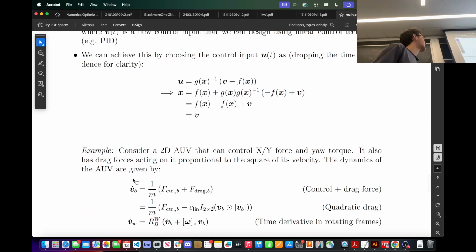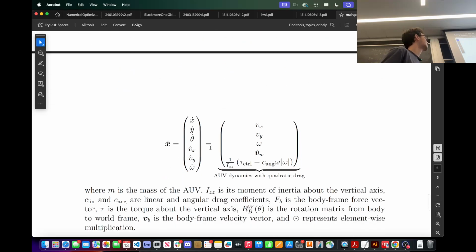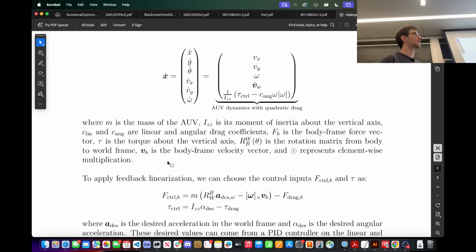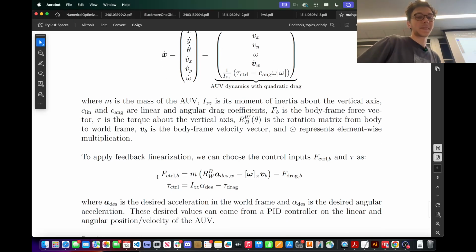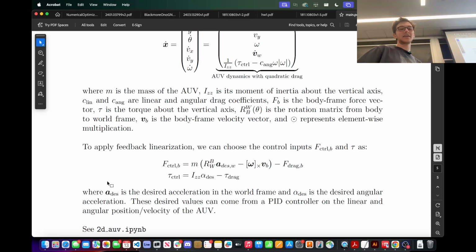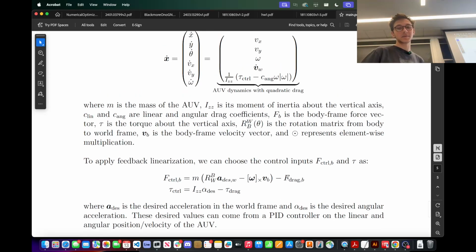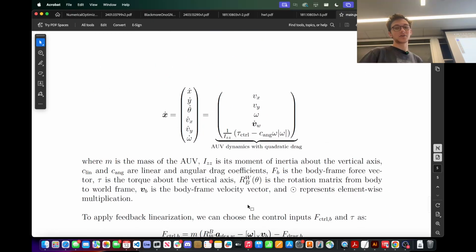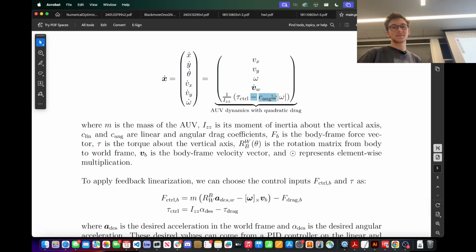If I apply this formula, and I encourage you guys afterwards to plug this into the dynamics and make sure that what you get makes sense, basically, if I choose my forces and torques in this correct way, then I will ultimately cancel the nonlinearities. F drag is this thing, and tau drag is this thing.